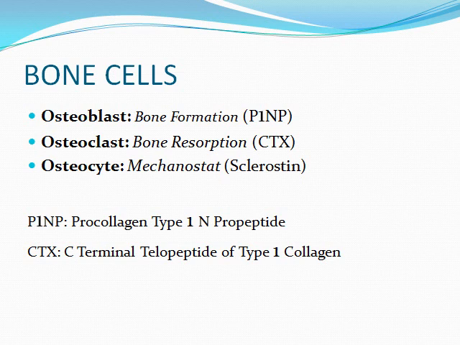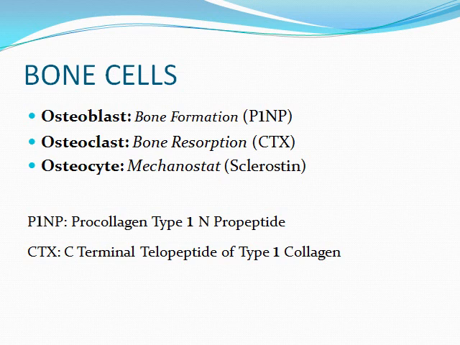The osteoblast produces a number of substances, one of which is P1NP, and that stands for procollagen type 1 N propeptide, and that's a clinically useful measure of bone formation. There are others, but this is an especially useful one.